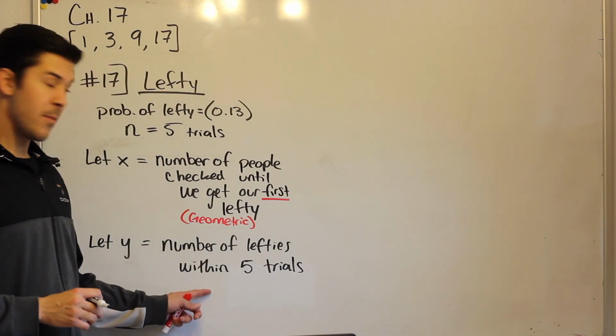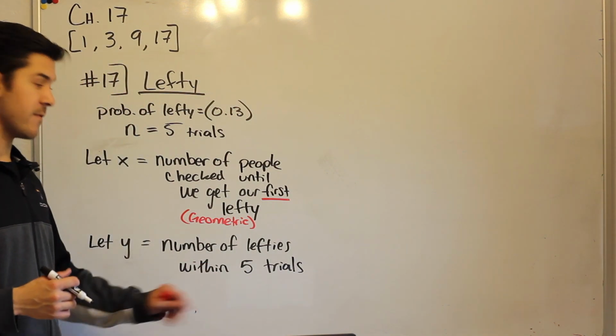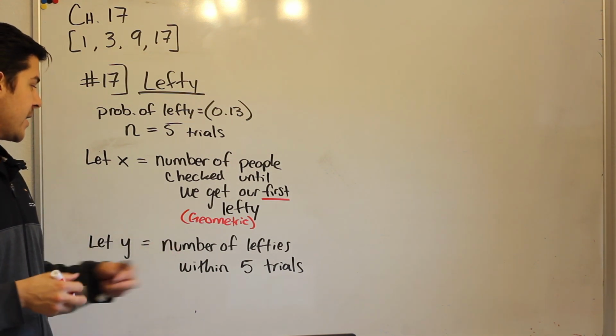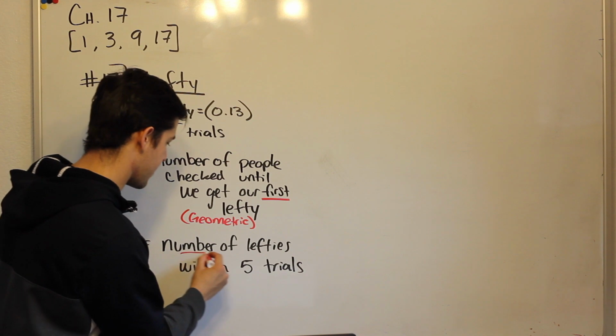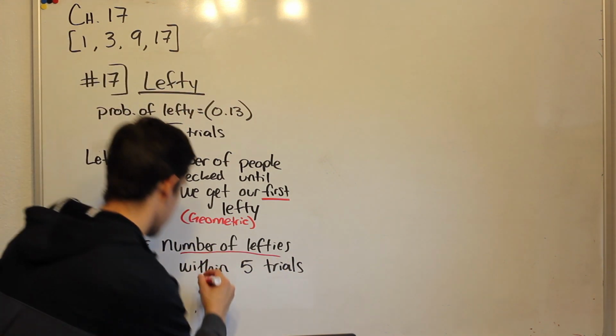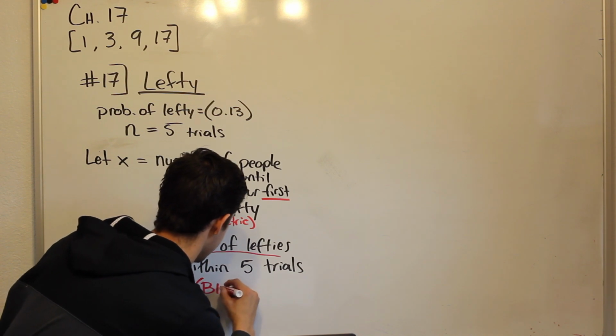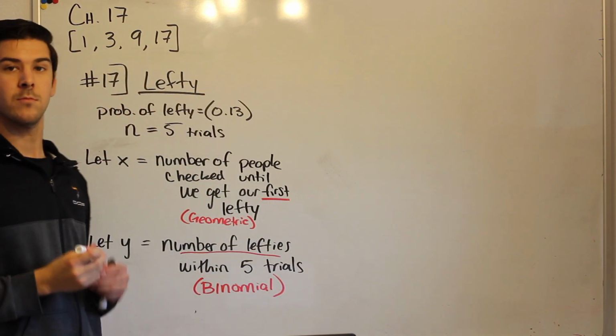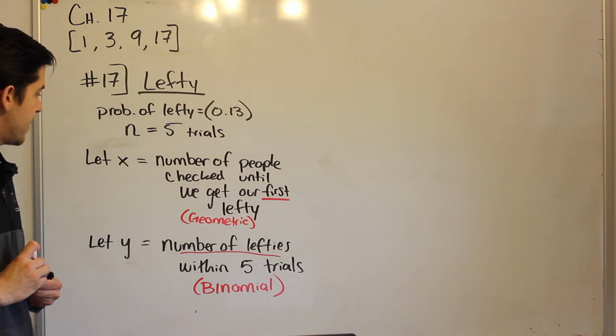We're looking for the number of successes, in this case the number of lefties within 5 trials. Here, when we want to look for the number of left-handed people within a certain amount of trials, we're actually defining conditions for a binomial model or a binomial distribution.